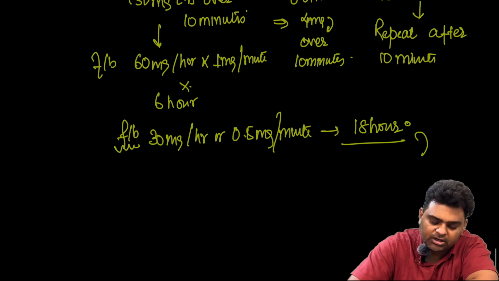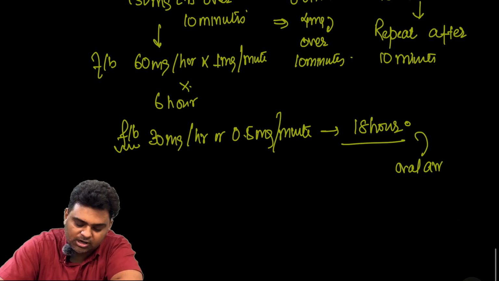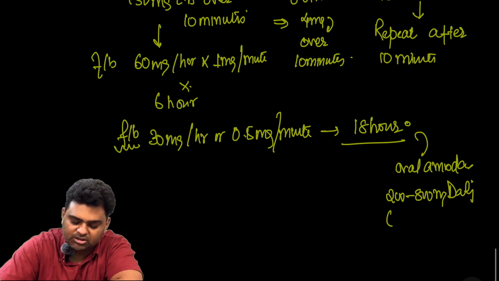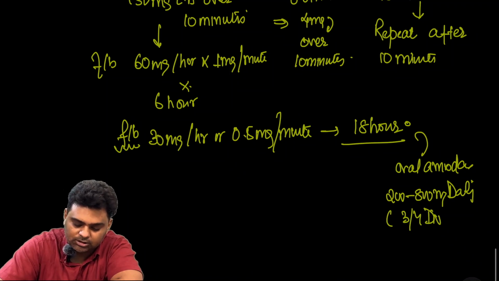And then the patient can take it orally, where the dose is 200 to 800 mg daily, but in 3 or 4 divided doses.